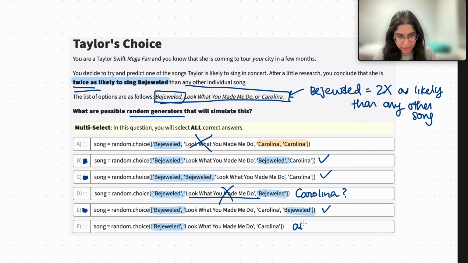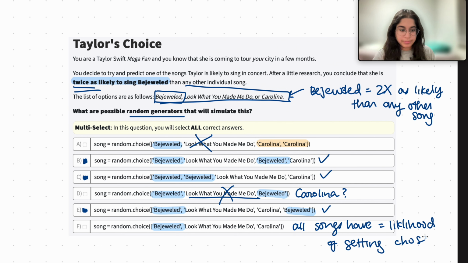All songs have an equal likelihood of getting chosen, the same probability, which is 1/3. We have a 1/3 chance that we'll pick Bejeweled or Look What You Made Me Do or Carolina, because all of these songs occur once.